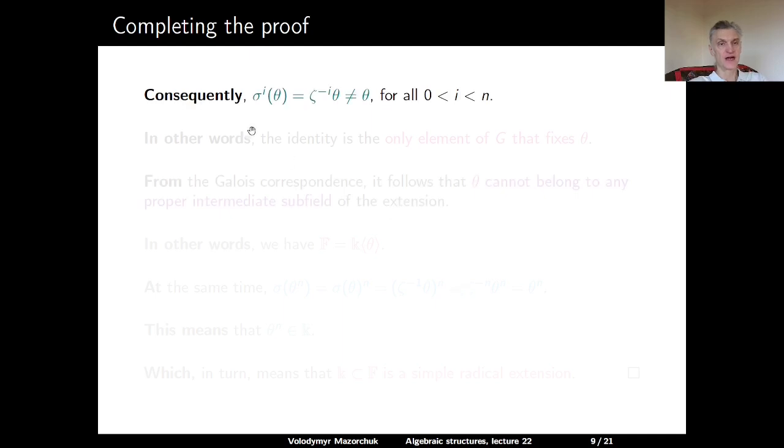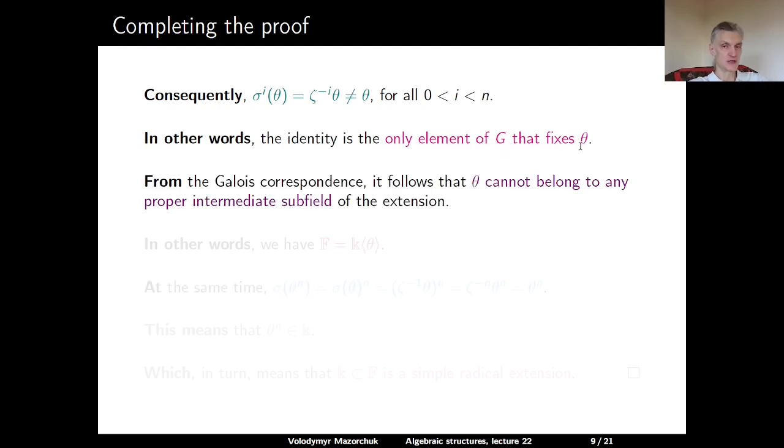From this, we derive that sigma to the power i of theta is equal to zeta to the power minus i times theta, and this is of course not equal to theta because zeta is a primitive nth root of unity. And this is true for any i between 0 and n, excluding 0 and n. So in other words, the identity element of G is the only element of G that fixes theta.